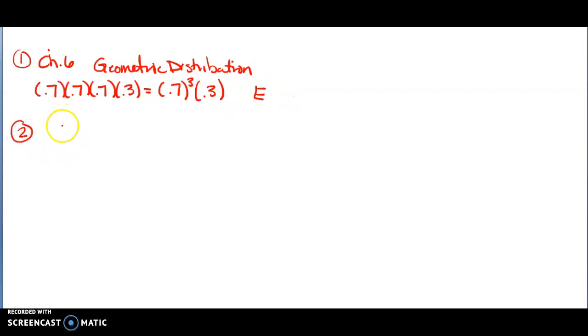Question number 2 is actually from chapter 5. These are some probability rules. And actually, I'm going to use a formula from your formula sheet. The probability of A given B equals the probability of A and B divided by the probability of B. So this is a conditional probability.